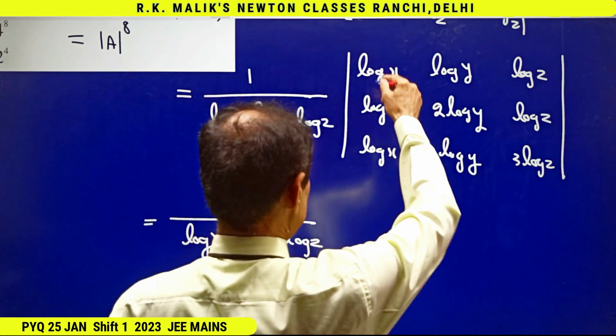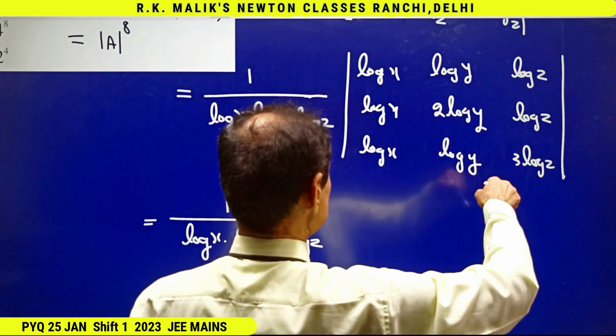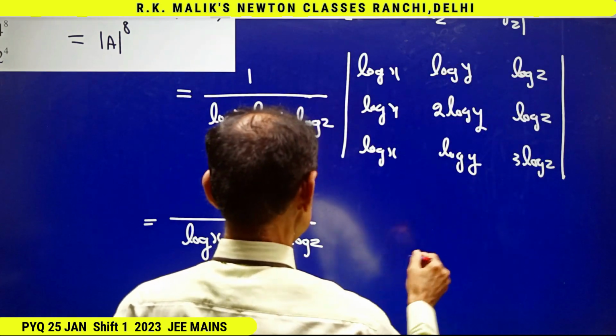And now take log x, log y, log z common from the first column, second column, third column.